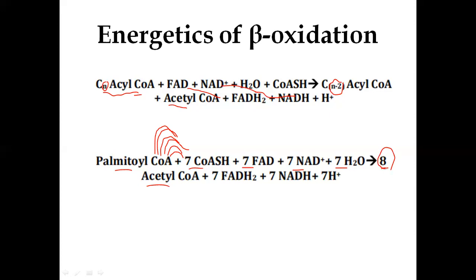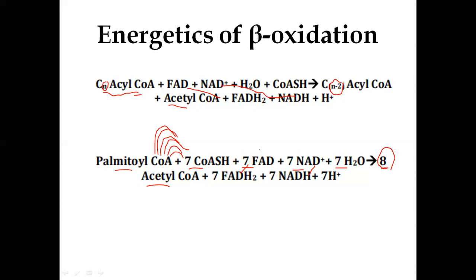And in the 7 reactions, there is conversion of 7 FAD into 7 FADH2, and 7 NAD will be converted into 7 NADH2.